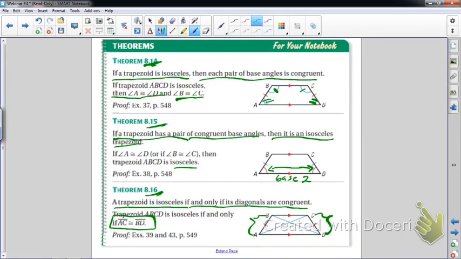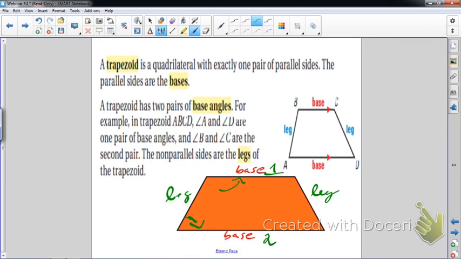We could also say the following. I'll go back to this. We can say that base 1 is then also congruent to base 2. That's very important. So then the legs are going to be congruent. Let me erase this one here. And we can say that the base angles down here are going to be congruent, and the bases on the top are going to be congruent to one another.